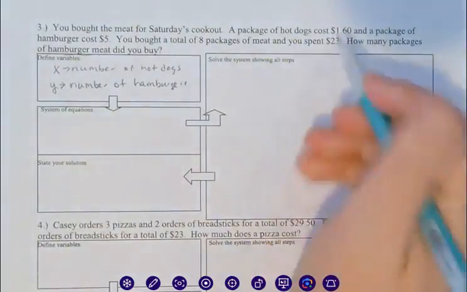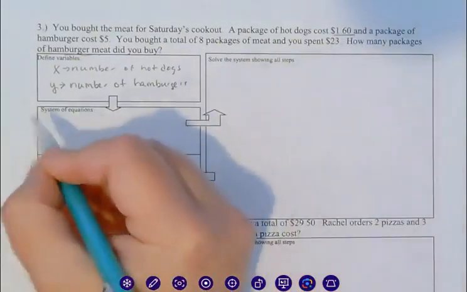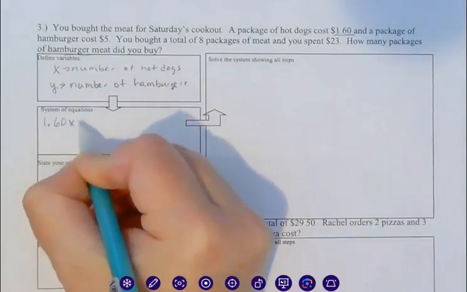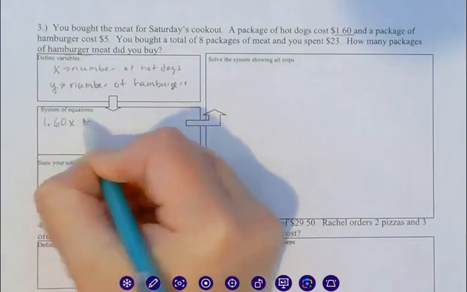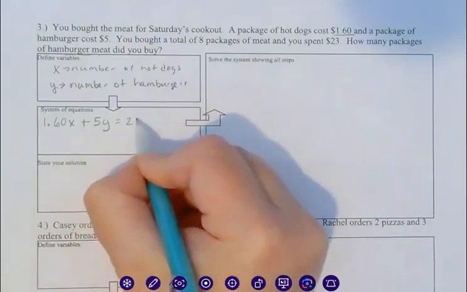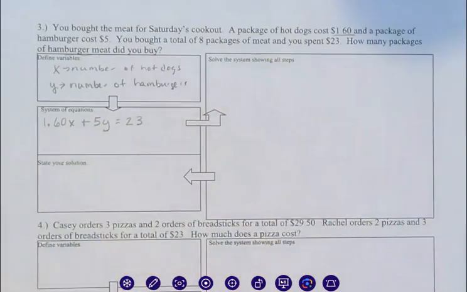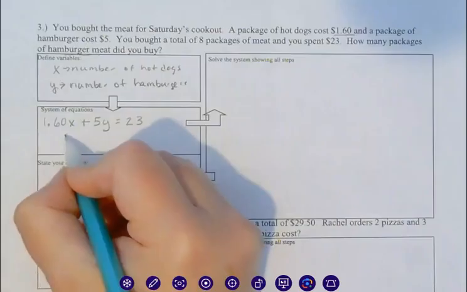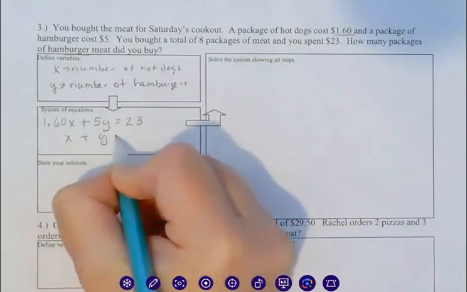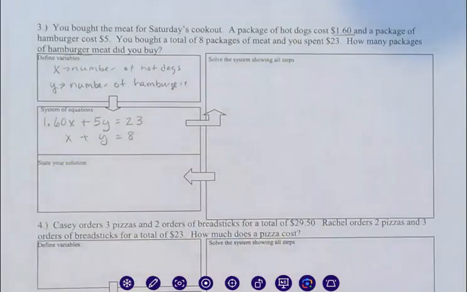The first thing I know is the cost of hot dogs is $1.60. So I'm going to have 1.60x plus 5y equals the total cost, which is $23. The other thing I know is I bought a total of 8 packages. So x plus y, the hot dogs plus the hamburgers, is 8.